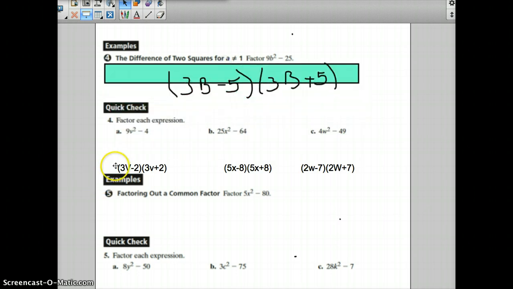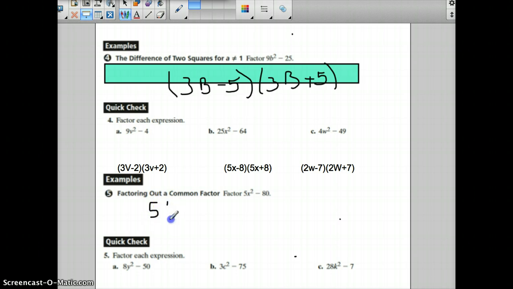And we're left with 3v minus 2 times 3v plus 2, 5x minus 8 times 5x plus 8, 2w minus 7 times 2w plus 7. Now here, notice 5 is not a perfect square, but we know our outers and inners have canceled out. But think back to the last example from yesterday's video, in that we could factor out a greatest common factor.